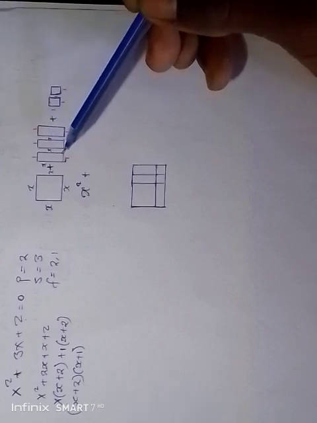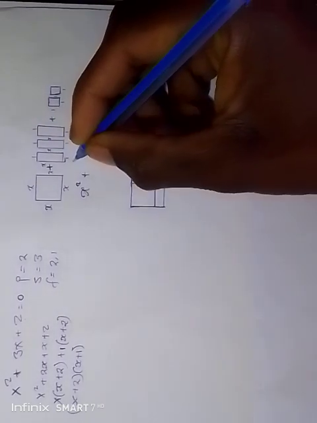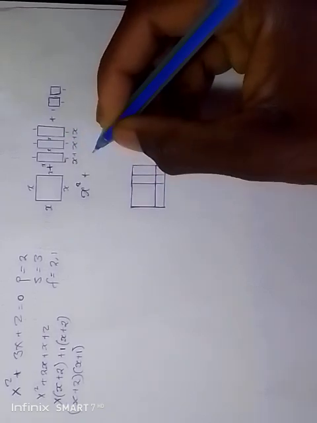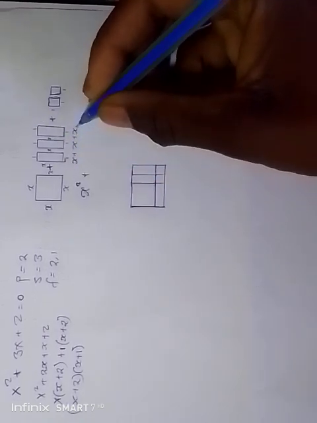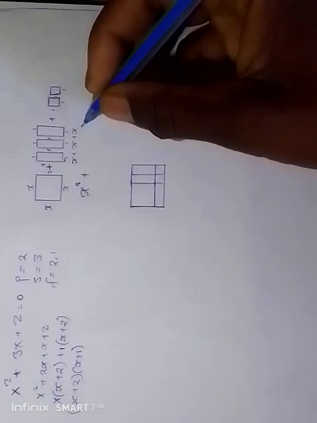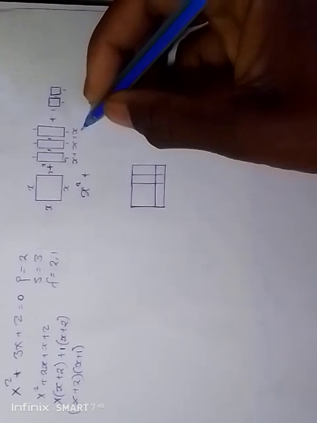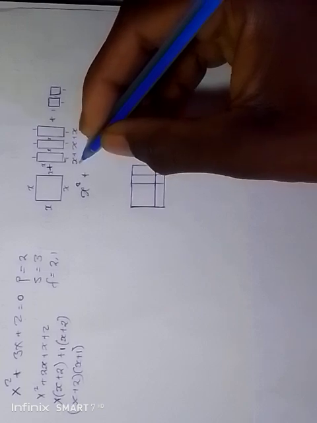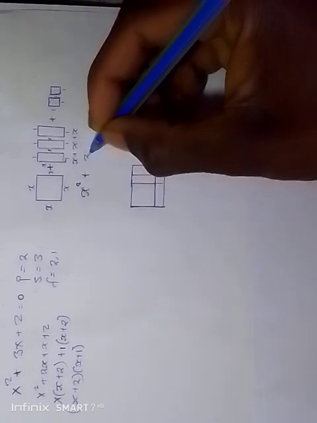To find the value of x plus x plus x, we add the coefficients of each x. The coefficient of this x is 1, this one is 1, and this one is also 1. So together they make 3.